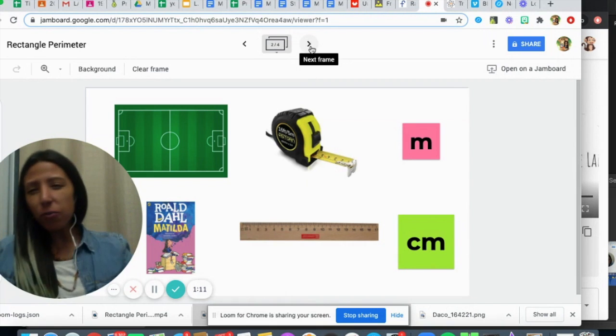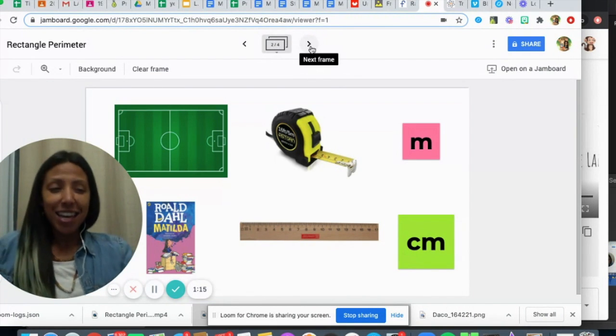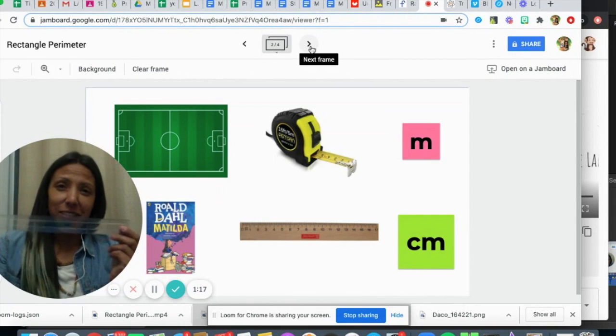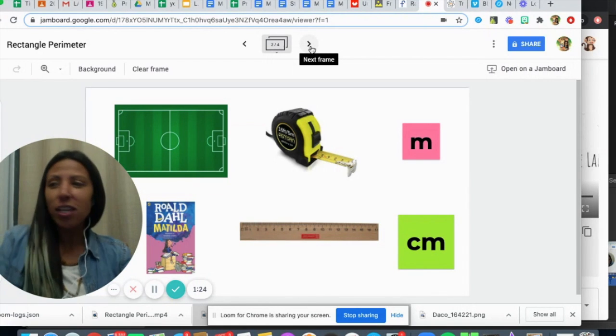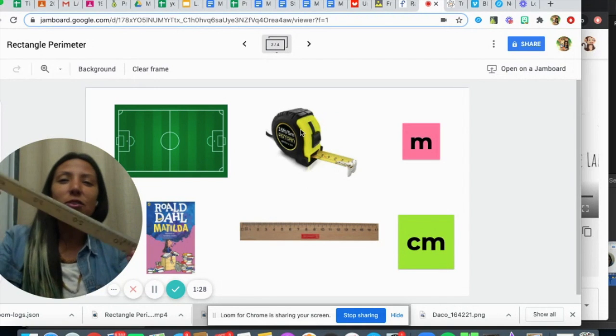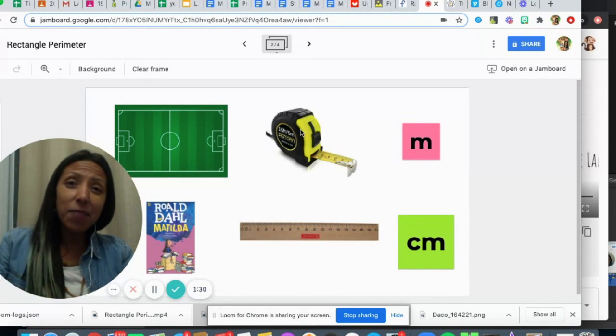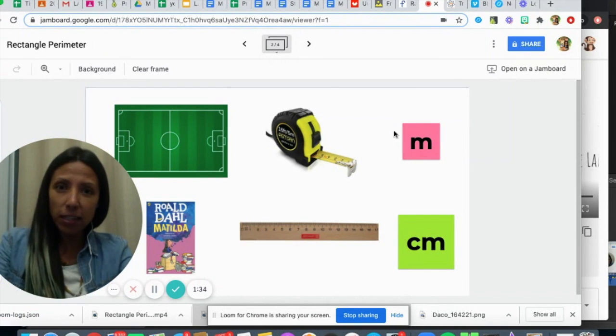If we would have a football pitch, a massive football pitch, and we use a ruler, we'll be very tired. This is not the best instrument to measure a football pitch. But if we have a measuring tape like this one, or a meter stick, that may be easier. Therefore, the unit we use is meters.